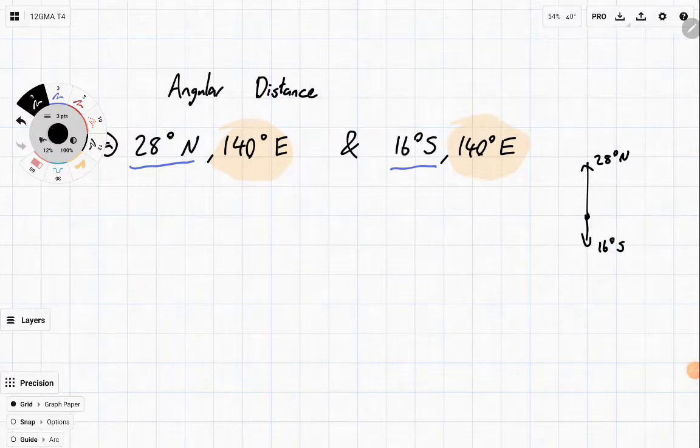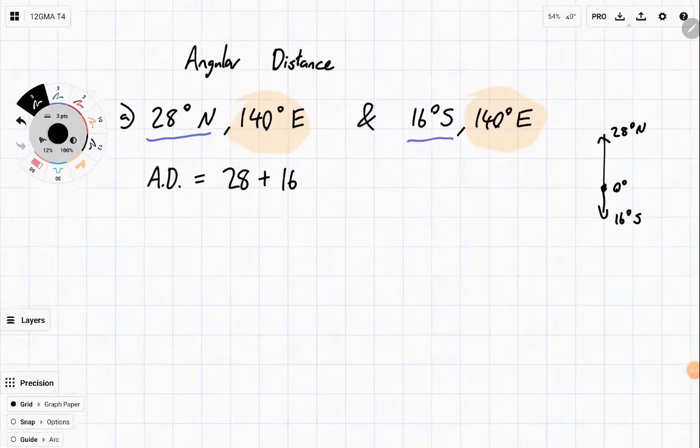And we can look at it and say, well, how far are they actually apart? Well, to get back to 0 degrees, I'd need to go 28 and then another 16. So I need to travel the whole distance, both of them, meaning the angular distance, which we're going to shorten to AD, is just going to be equal to 28 plus 16.